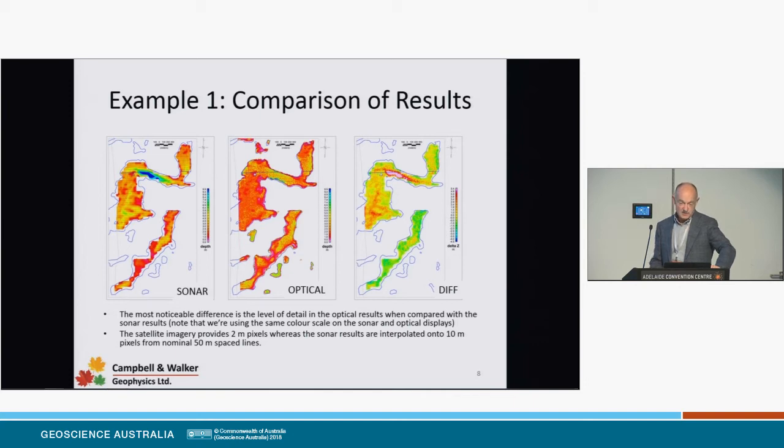The color bar scales on the 2 left images are the same, roughly 0 to 9 meters depth, and then the difference grid on the right has its own color bar. You'll see that on the southern lake, it's pretty good. Good agreement.